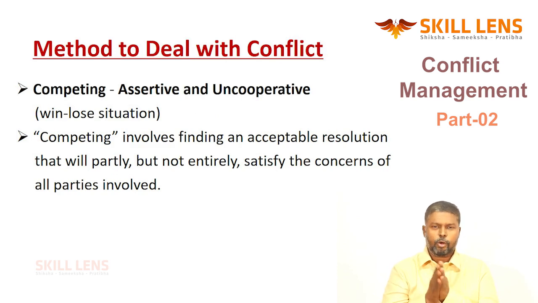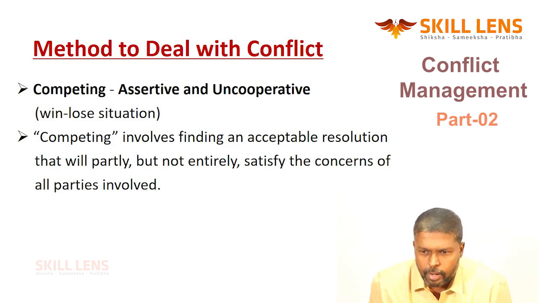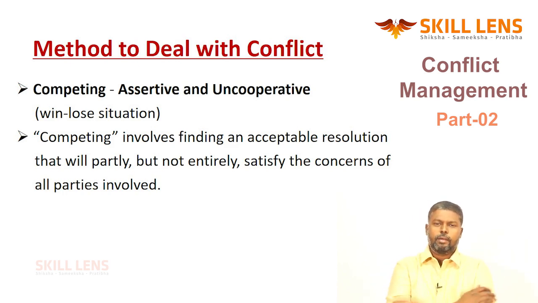The fourth we are looking at is called competing. Now, competing is strongly assertive and completely uncooperative. Meaning, I'm so competing with you that I would not let anything good come to you but want everything for myself. I still remember where people used to take what they want first without even thinking about whether the thing that is left away will satisfy the other who's coming.